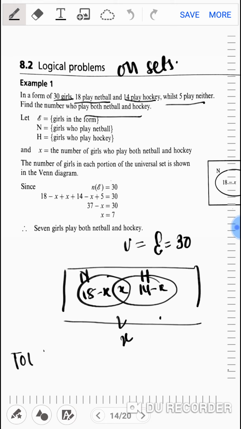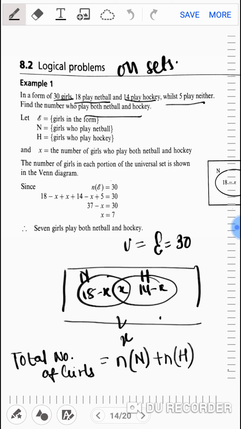Total number of girls will be equal to number of N, that is girls who play only netball, plus number of girls who play only hockey, plus number of N intersection H.